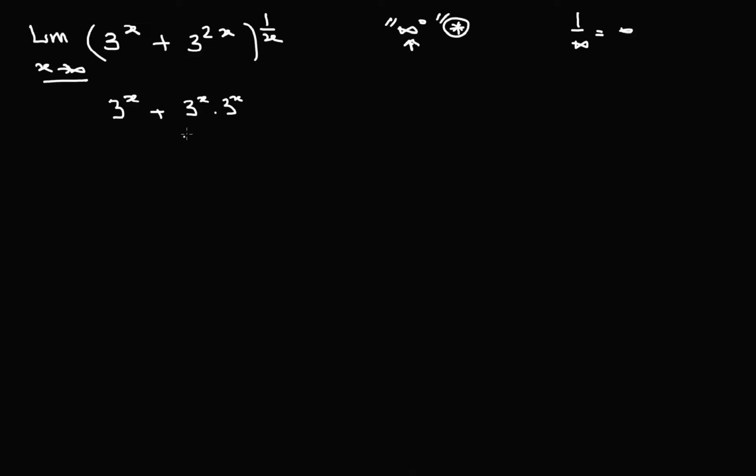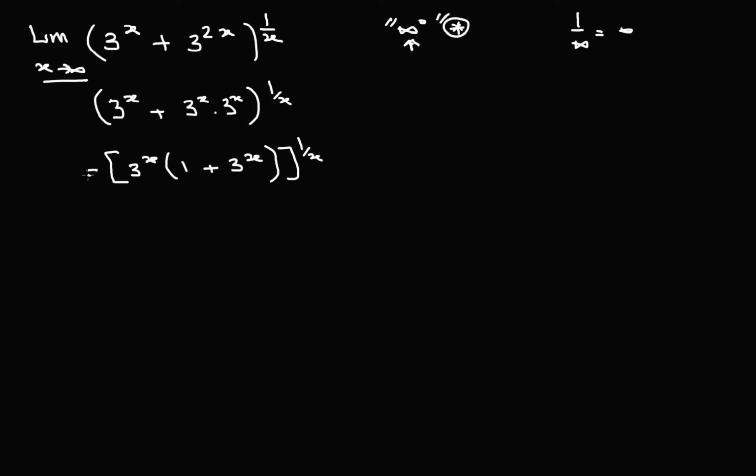Then we maintain our power thing. Because I'm trying to create this constant and the one here, I'll factorize 3x. So I'll remain with 1 plus 3x here, and then I'll have this power here, 1 over x.